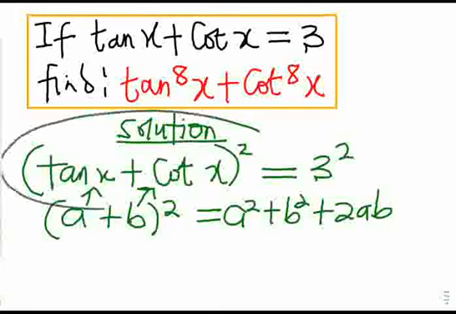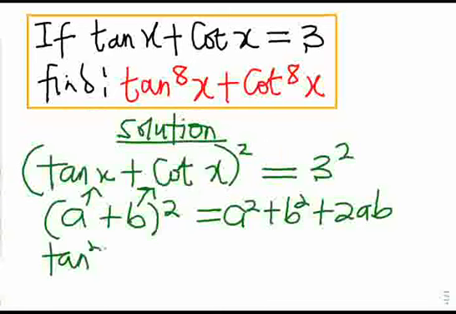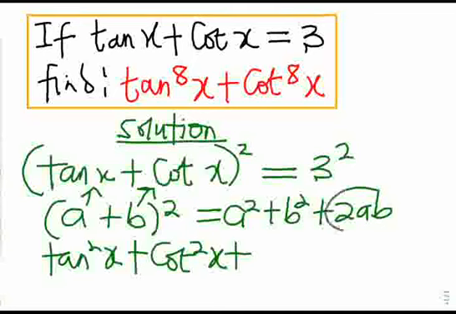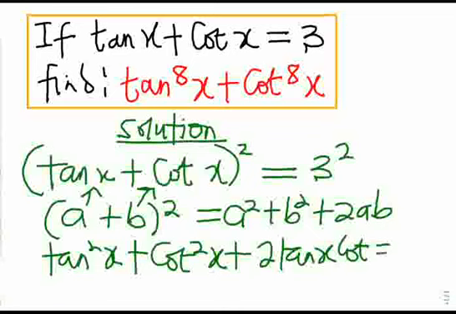So if we square this, we're going to have a squared, which is tan square x, plus b squared, which is cot square x, plus 2ab. That is 2 multiplied by tan x cot x. This then equals the square of the 3 there, which is equal to 9.